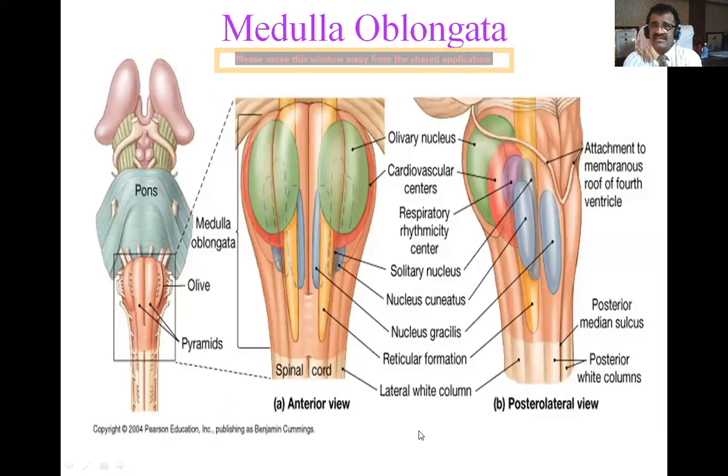Now this is the enlarged image of the medulla oblongata. You can see the medulla oblongata together with the other two parts of the brainstem here. The same has been enlarged and shown to you.